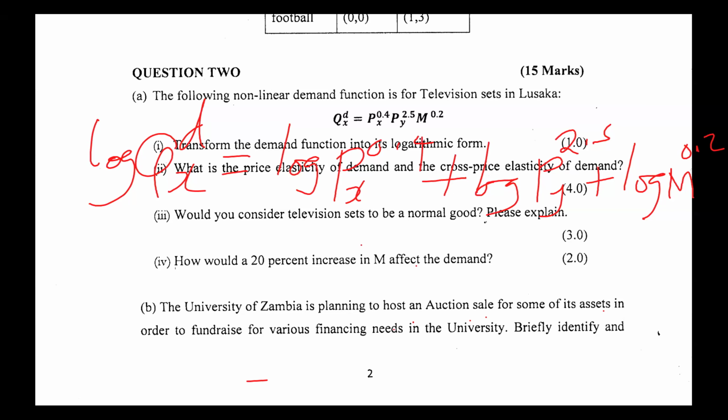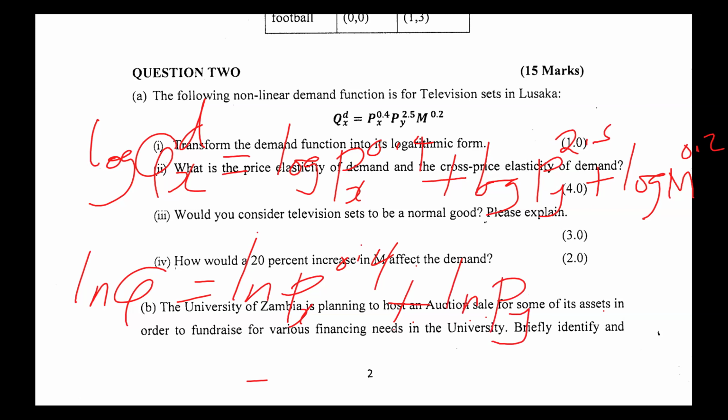So what you do, you introduce a logarithmic function on both sides, on the left side of the equation. For example, you can say the natural log of Q is equal to the natural log of Px to the power 0.4 plus again the natural log of Py to the power 2.5 plus the natural log of M to the power 0.2.